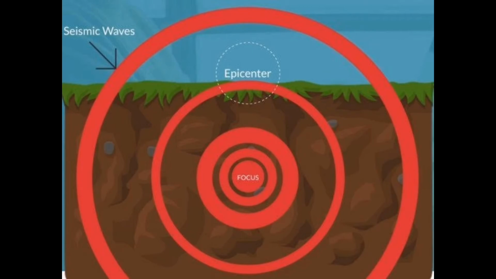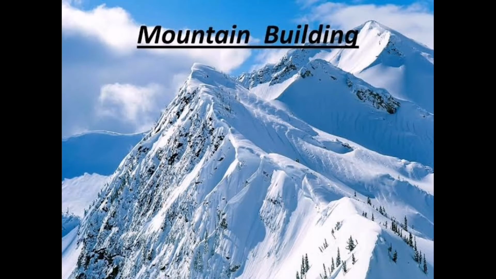The internal energy released due to endogenetic movements. Now children, endogenetic movements means the movements which take place inside the earth's surface. Now this internal energy released due to endogenetic movements occurring in the layers is responsible for mountain building, rifts, volcanic eruptions, earthquakes, etc. When these types of movements take place within the earth's interior, mountains are formed.